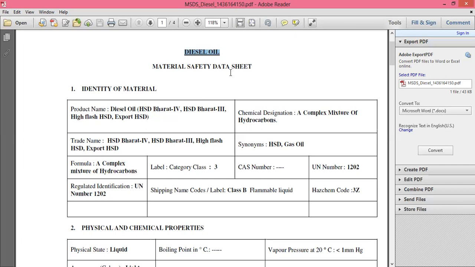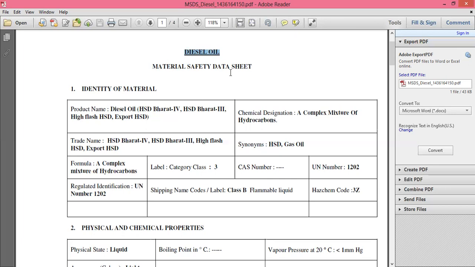So when you are in port and if there is any accident involving this cargo, the shore personnel who arrive on board the ship to help in this emergency are also aware of the properties of the particular cargo. The commencement of cargo loading should not take place till the MSDS is on board the ship. In fact, your ISGOTT ship-shore safety checklist also states the same thing, that the MSDS has to be provided before the commencement of loading operations.